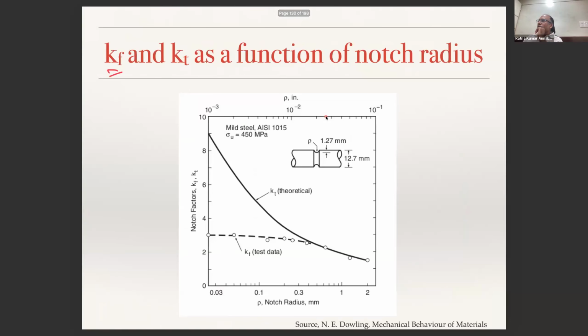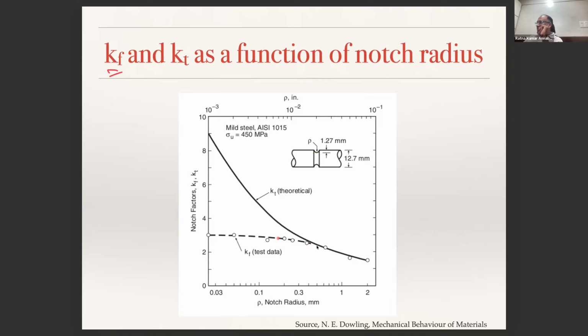Okay? And then you see that if you have a material and you change the notch radius, as we know, the theoretical stress concentration factor increases as you continue to reduce the notch radius, meaning the notch becomes sharper and sharper.